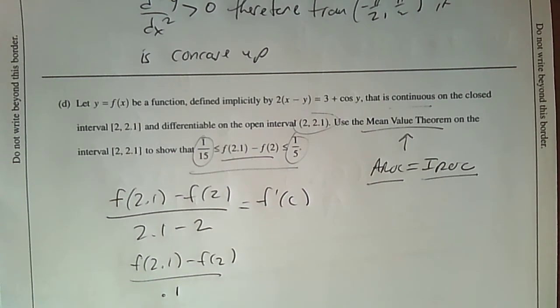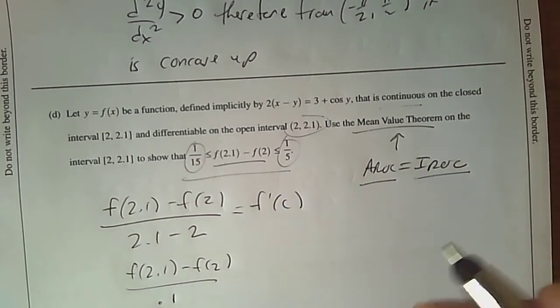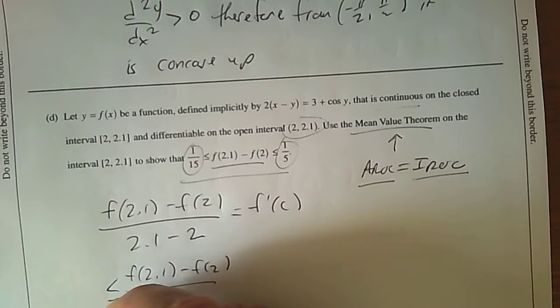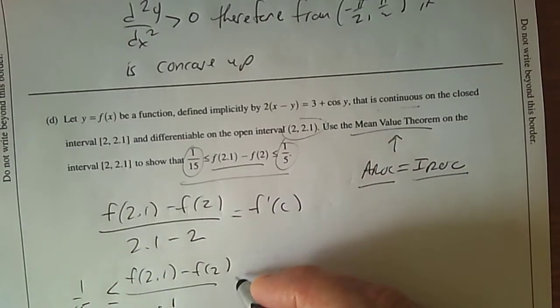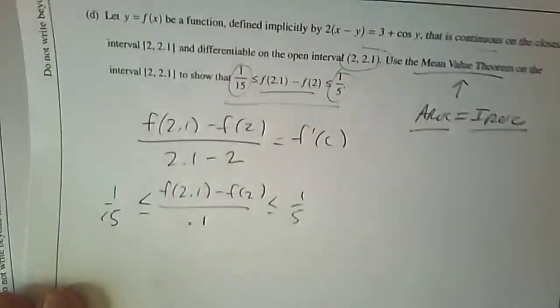So what I can do is multiply everything times 10 to undo it. 0.1 is the same as 1 over 10.